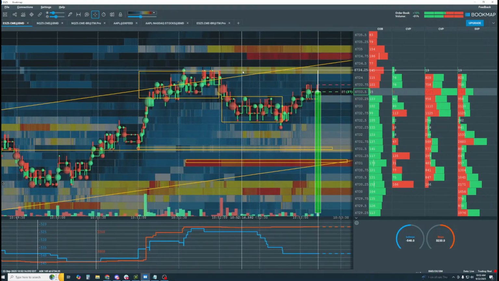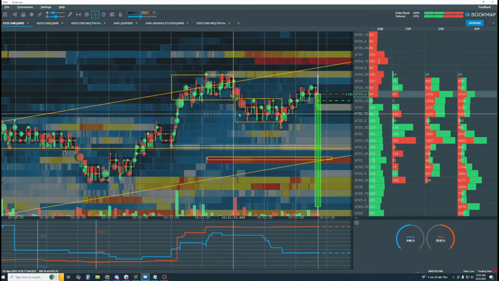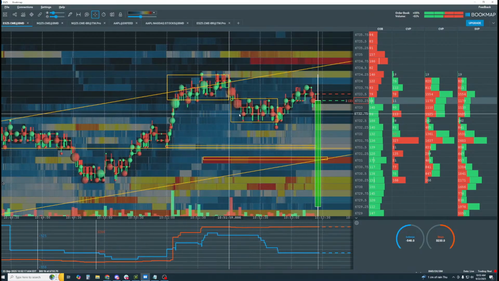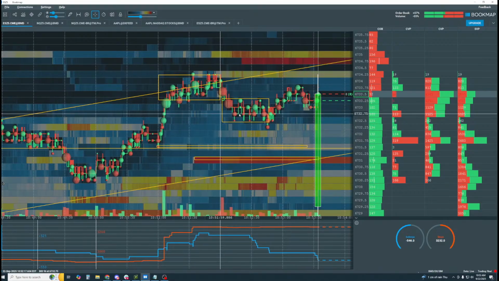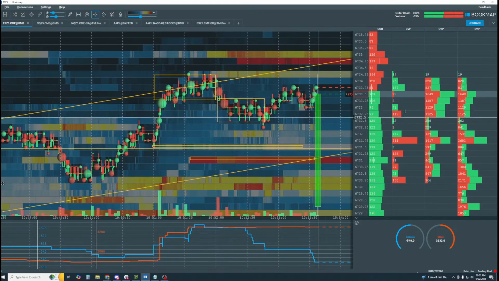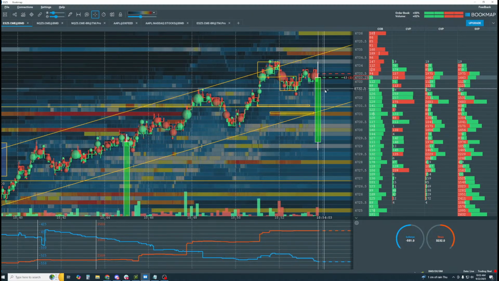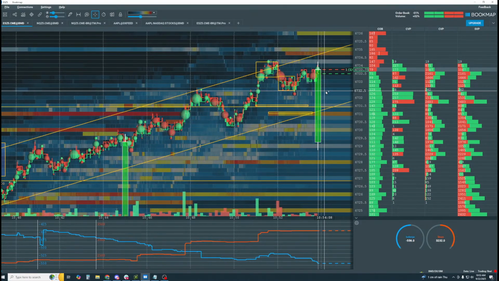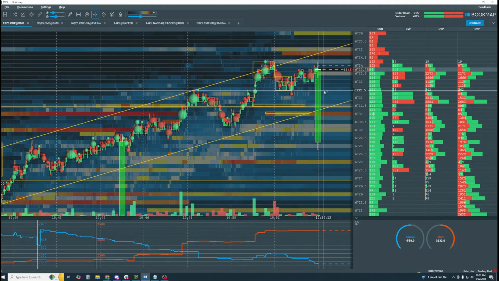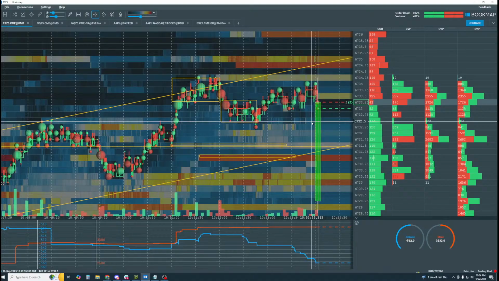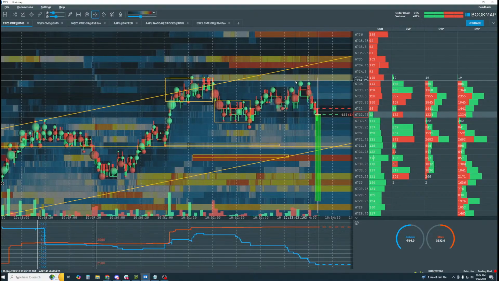So I would look for it to rotate back up into 34, 35. Okay, it got up to 34. Nothing higher though.